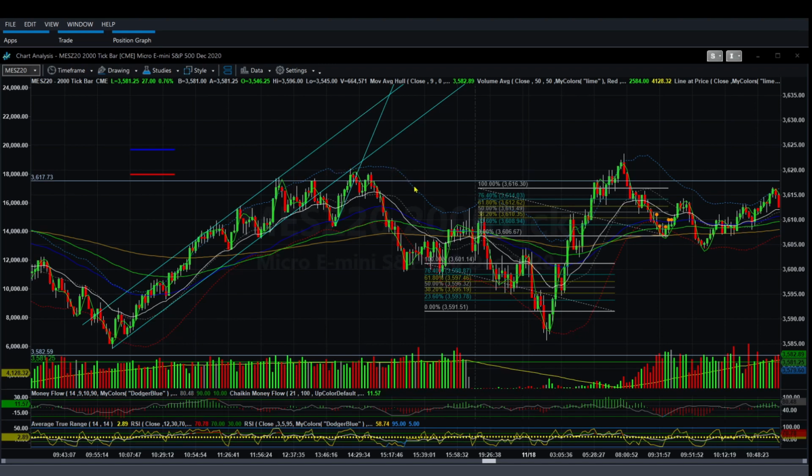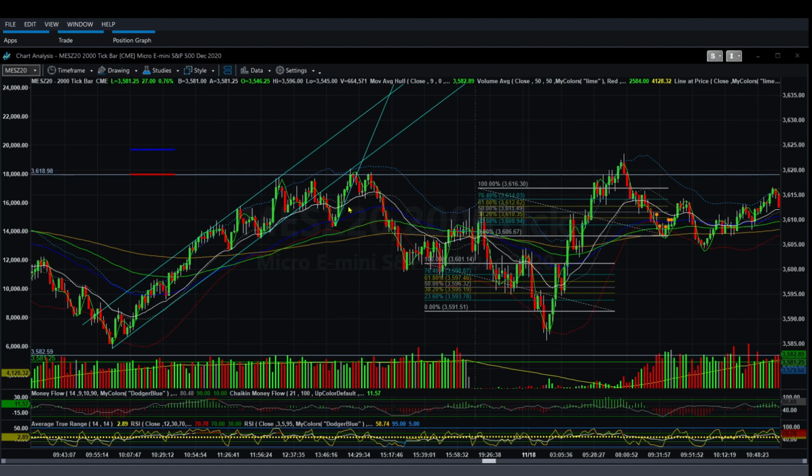It clearly didn't touch there, but it made a double top here. This point there, a nice double top.